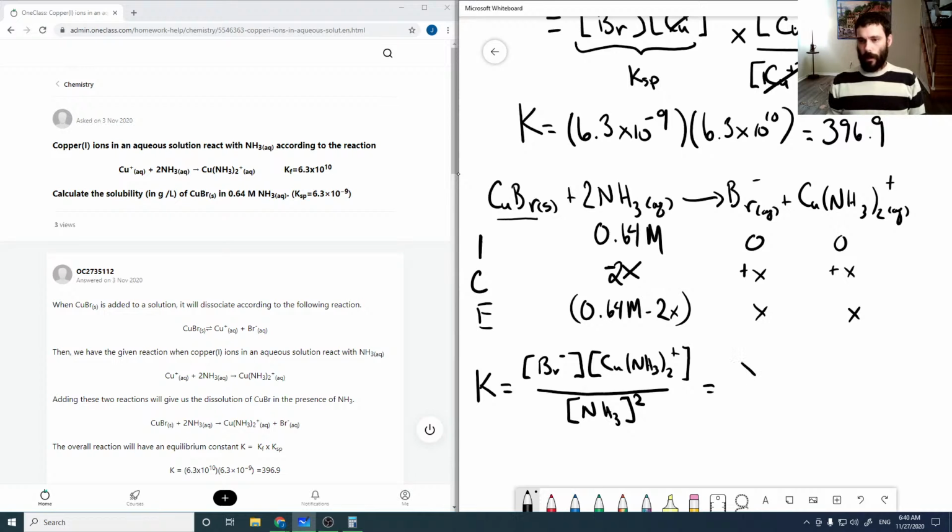So that would be x, x, and I'm just going to drop the molar here for ease of reading, squared. Okay, so that's what our K equals.